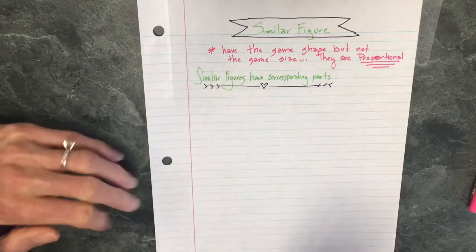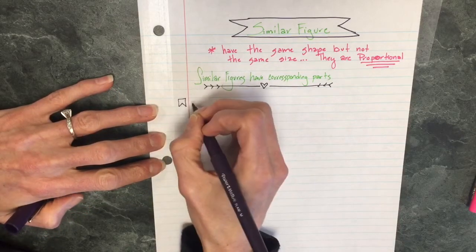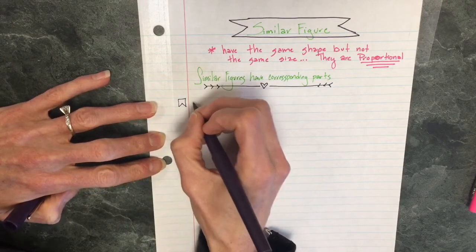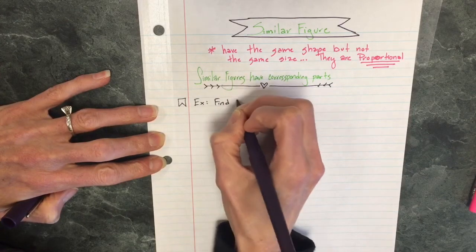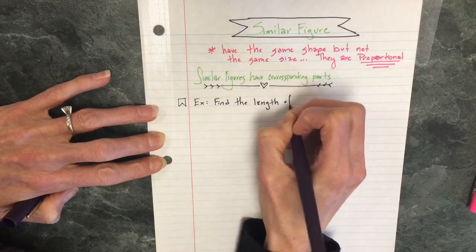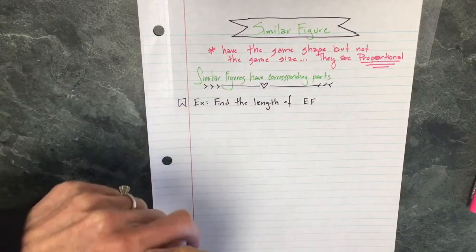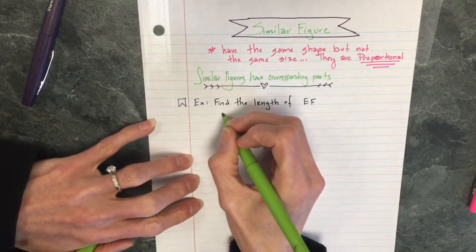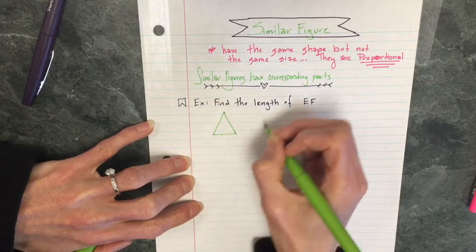Okay. So, example. Find the length of EF. EF is a side of one of the triangles, and we were trying to figure out what it measures. So we have two similar figures. Here's the first one.